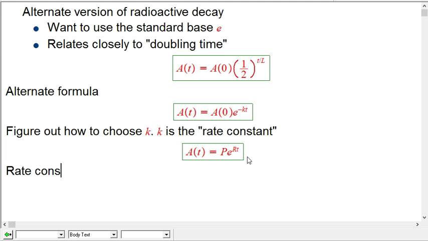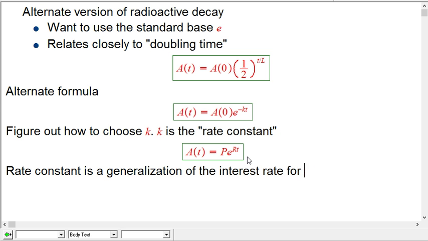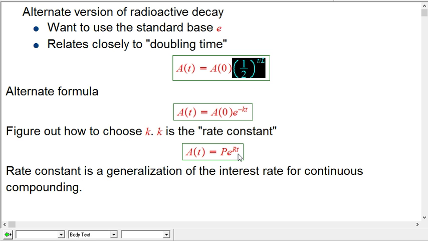So the rate constant for any kind of exponential growth or decay is just a generalization of the interest rate for continuous compounding, and you should think about it the same way and have the same intuition. This is expressed in terms of halving continually over and over again. This k is analogous to the interest rate. So if we have an idea of how doubling for a continuously compounded investment relates to the interest rate, that's probably going to be similar to how k relates to L. Indeed, that's what we're going to see.